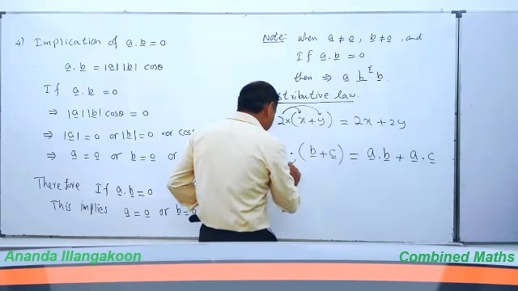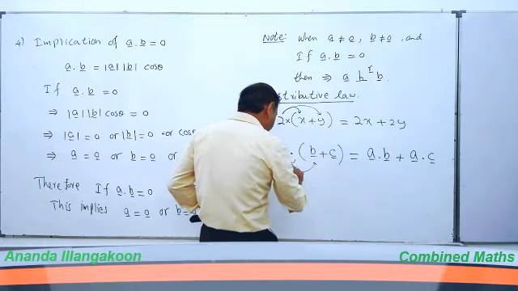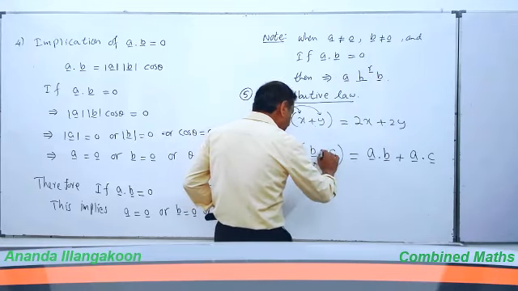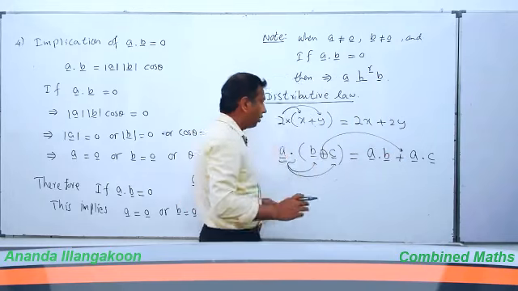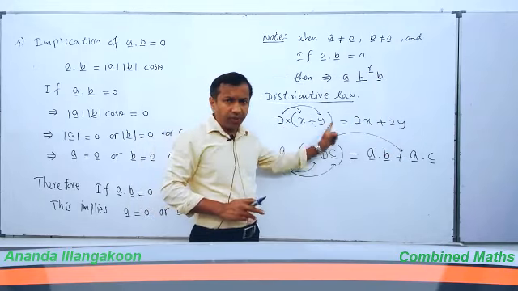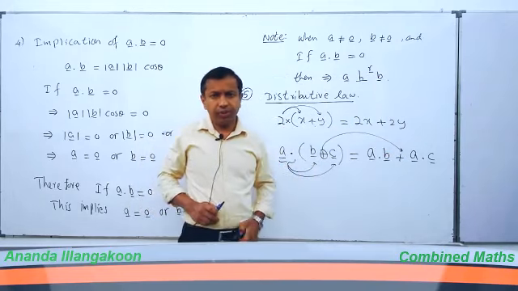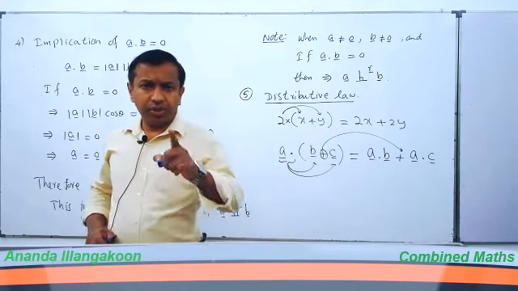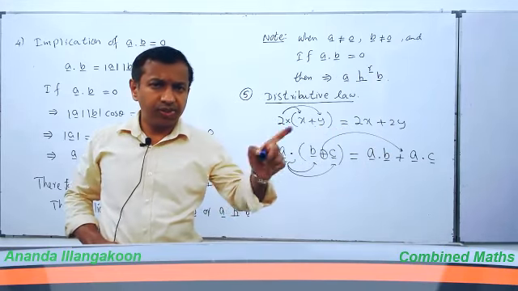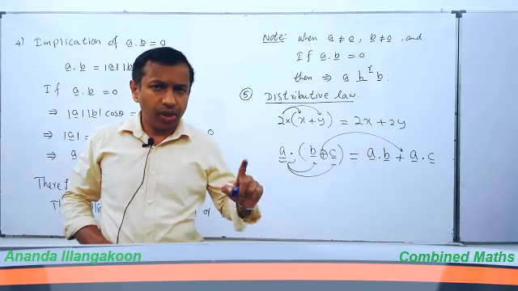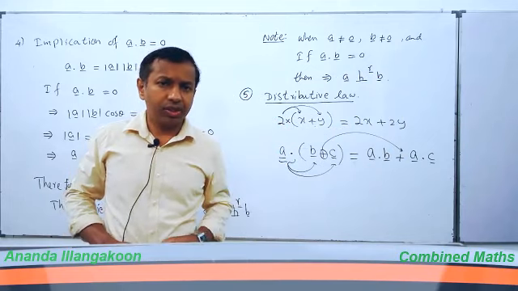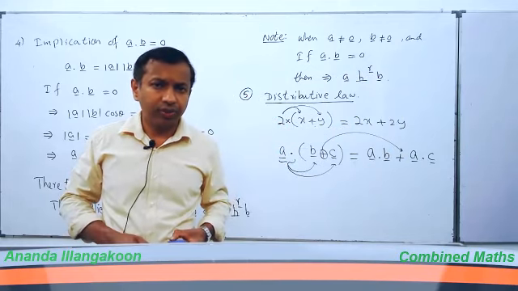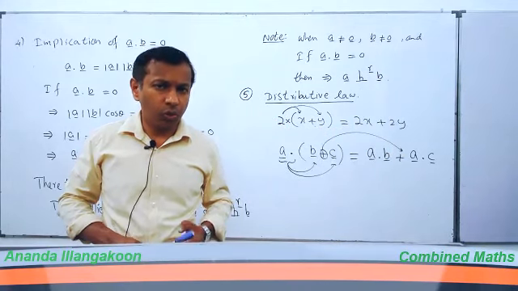This we can take with this, and the same thing we can take with this with the middle sign plus. That means in the same way, we can remove the bracket. A dot B plus C is equal to A dot B plus A dot C. That is called, people, distributive law.